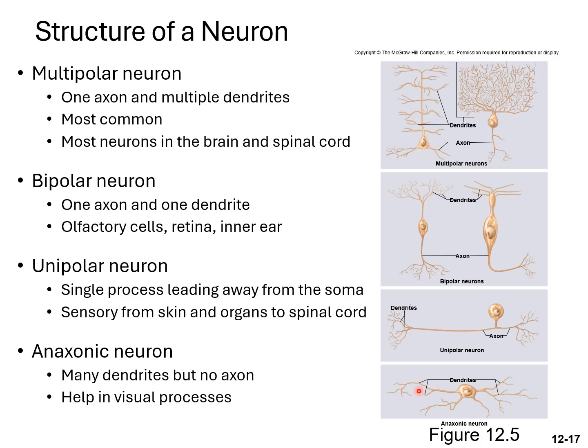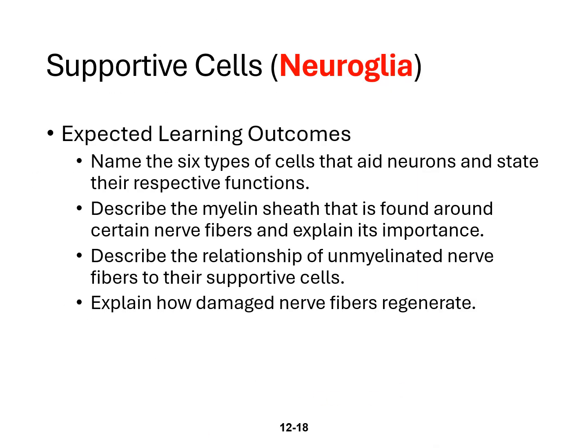These are mostly going to be helping the visual processes. Many dendrites, no axon. There is kind of an axon, but you can't really see it, because all it does in the visual system is receive a lot of information and release stuff. And it does release stuff onto bipolar cells in the eye.